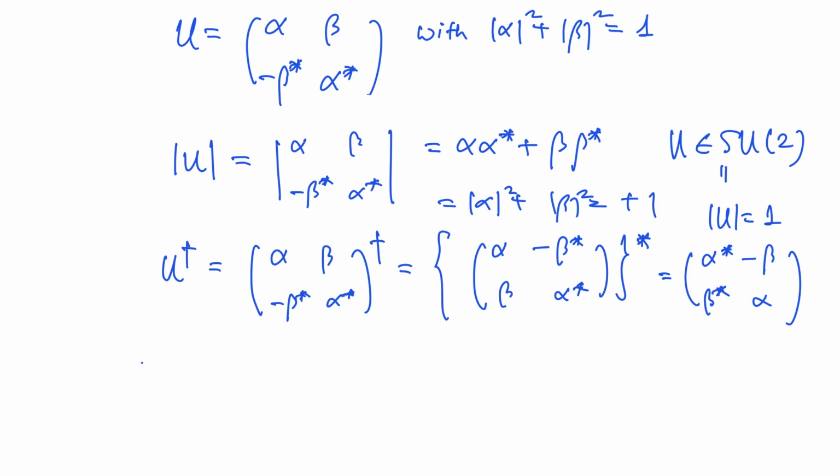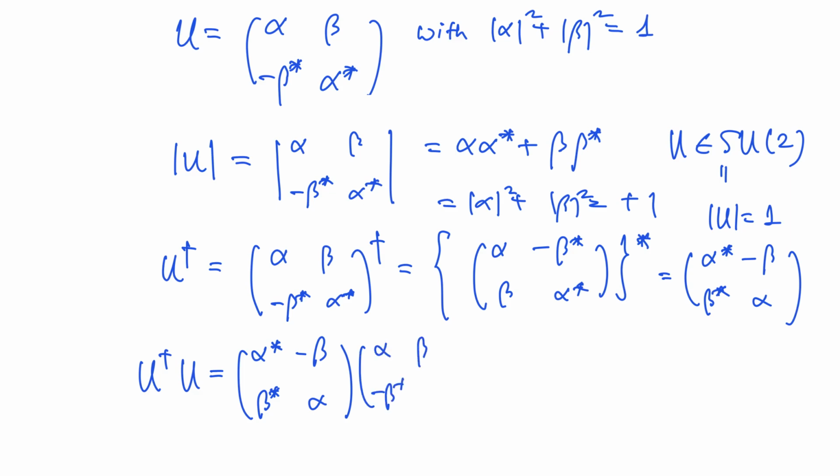And so U dagger U is this multiplied by U, which gives alpha square plus beta square in the first element. How about the off-diagonal?